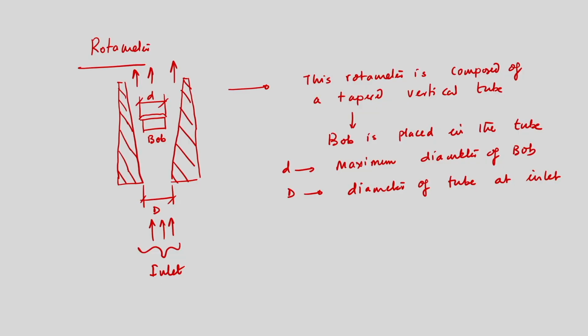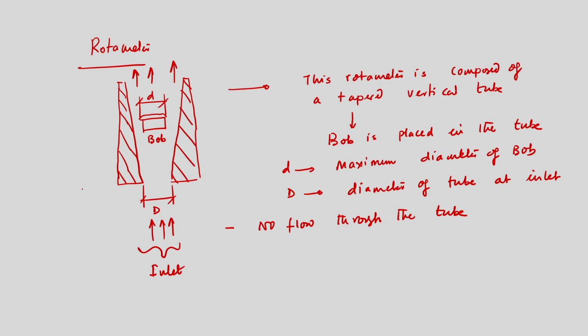So, when there is no flow, bob will be at rest, at the bottom of the rotameter. So, no flow through the tube. This entire system is known as the rotameter, and the bob is having weight.